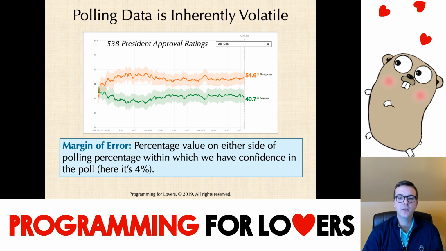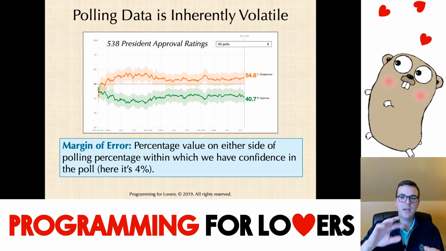So this is a percentage value that, to some confidence, say 90% confidence, within which we are going to have that certain amount of confidence within the poll. And so for something like this particular presidential approval rating, we have a 4% interval, so margin of error within the poll. And you can see that.